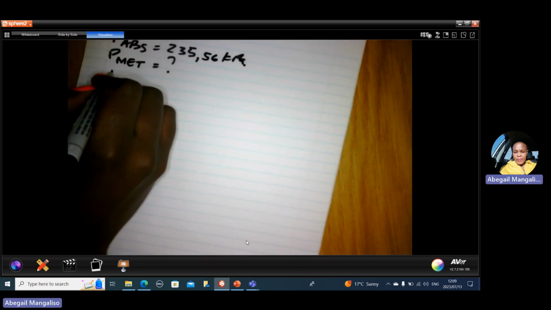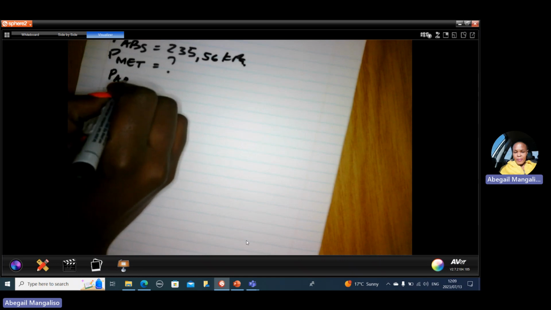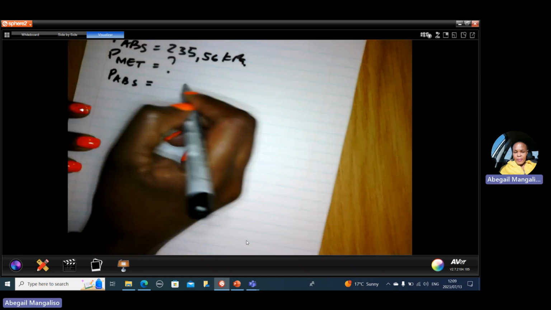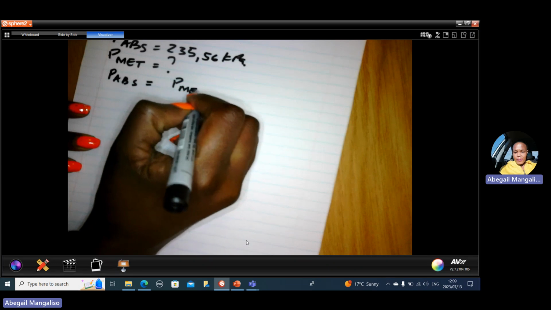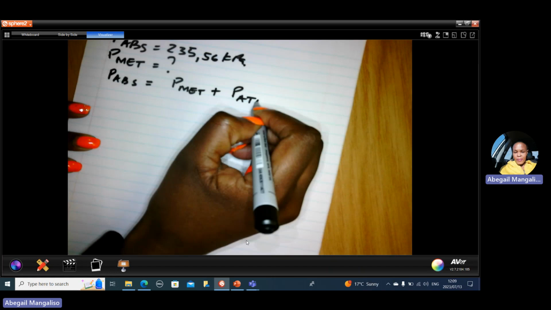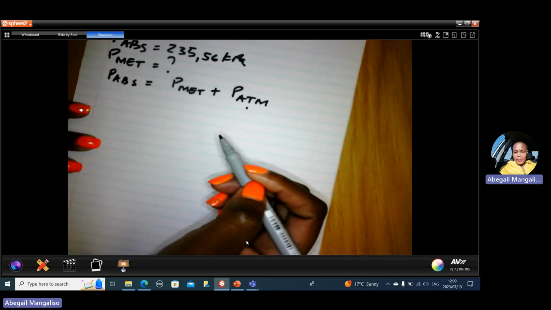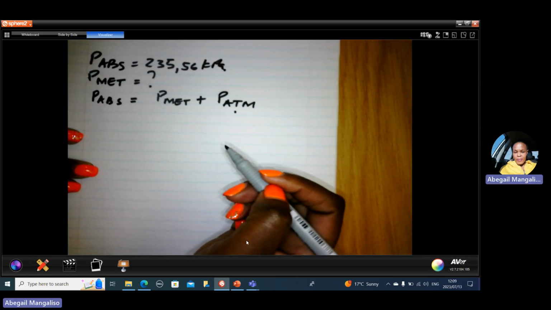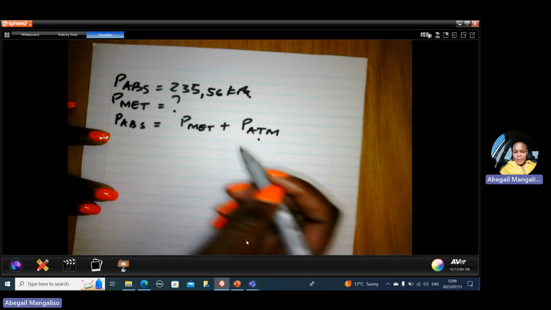Formula from the formulas sheet: P absolute is equal to P gauge (Pmet) plus P atmospheric. The atmospheric pressure is the constant value of 101,3.